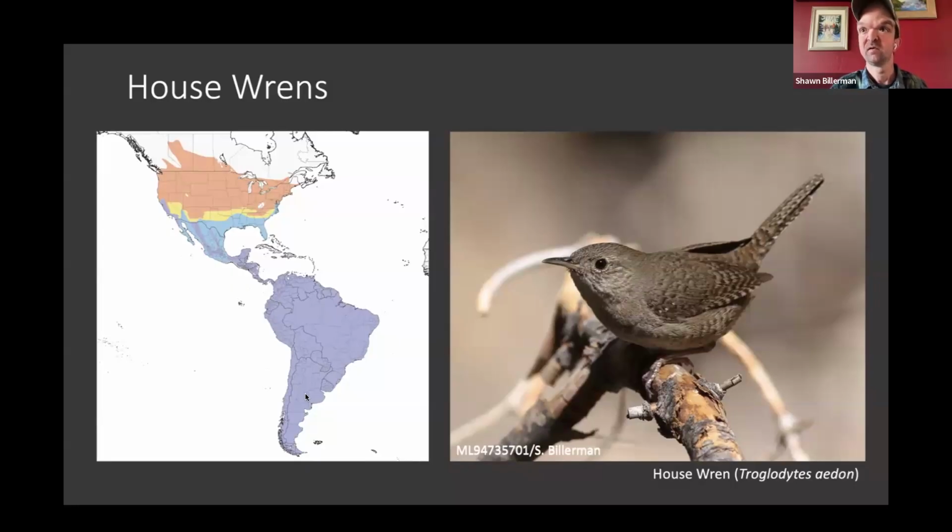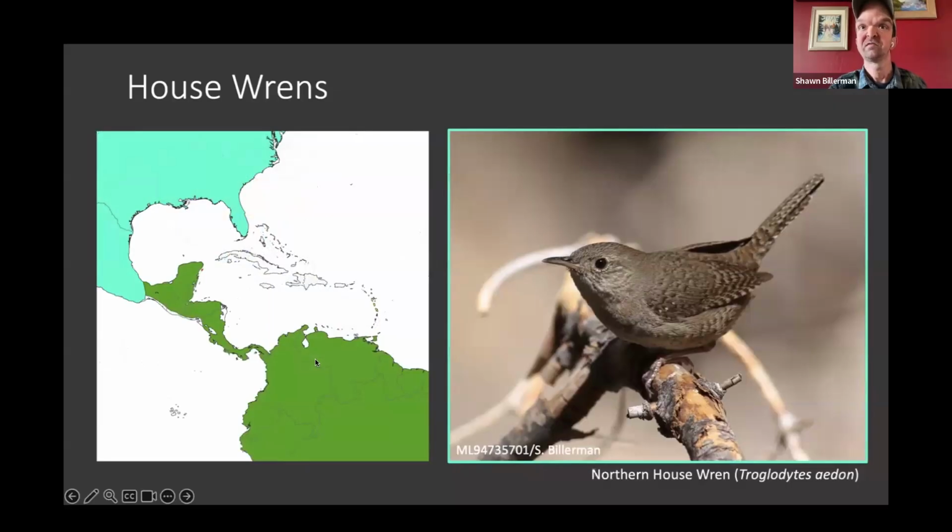A series of vocal, morphological, ecological, and genetic studies has provided support for finally splitting the house wren into multiple species, with paraphyly between North American and South American groups relative to the distinctive Caribbean taxa, requiring a split between the North American and South American taxa, as well as all the Caribbean taxa.